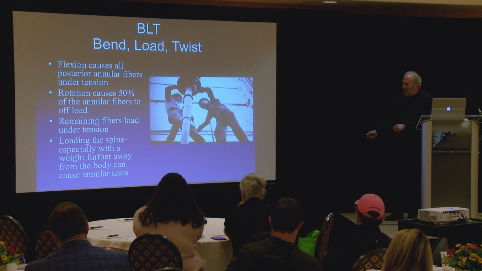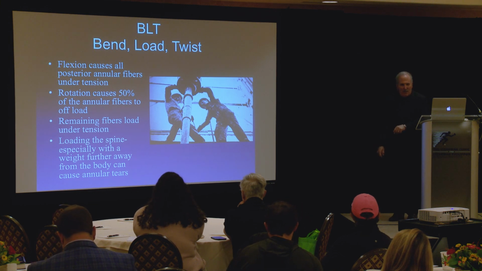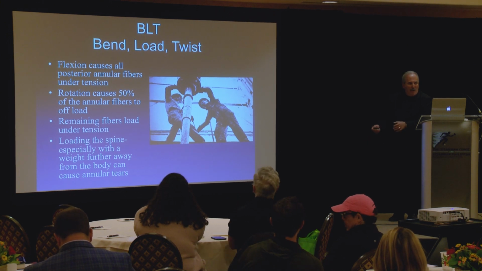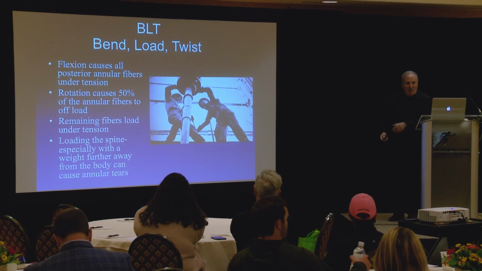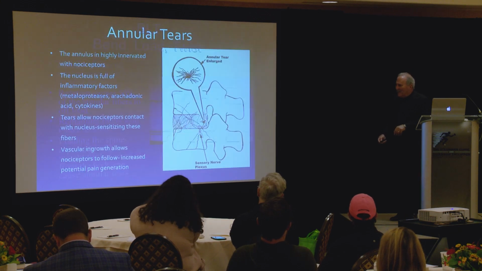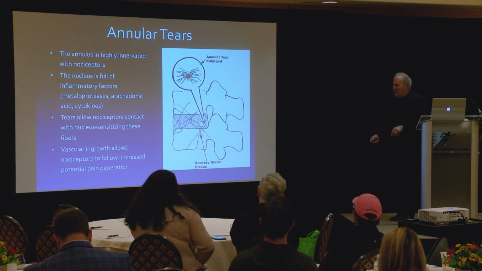The remaining fibers load under tension, and then loading the spine with the weight further from the body is going to cause an annular tear. This is how it occurs. Some people can do it for the rest of their lives because genetically their collagen fibers are fascinating. I don't know why they don't tear, but other people can't, like me. And so you end up with annular tears.